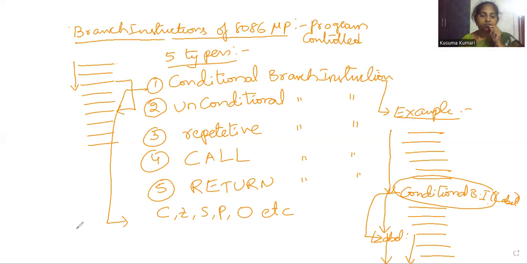Conditional branch instructions, for example, are jump on carry and jump on no carry. Jump on carry means if the carry flag is equal to 1, then the microprocessor jumps to the specified address, and from there the remaining instructions are executed.